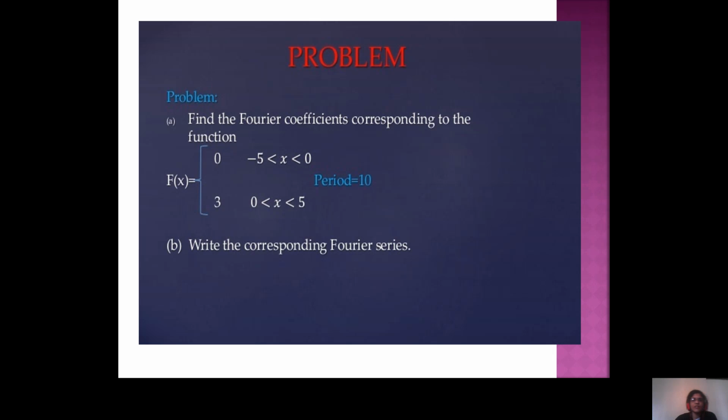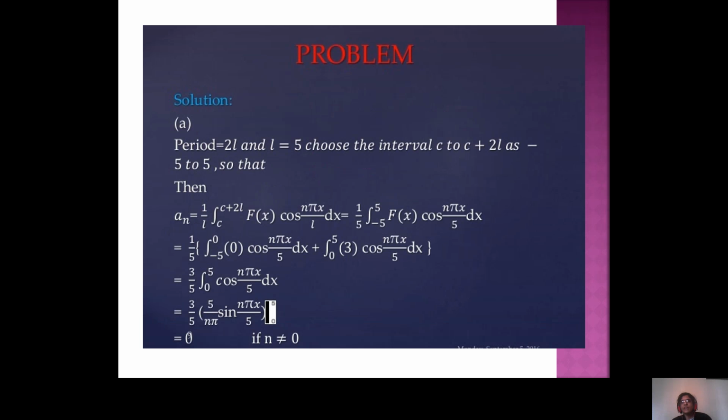Next, another problem: find the Fourier coefficients corresponding to the function f of x is equal to 0 for minus 5 less than or equal to x less than or equal to 0, and 3 for 0 less than or equal to x less than or equal to 5. Write the corresponding Fourier series. So, from this the period will be 2L and L equal to 5.